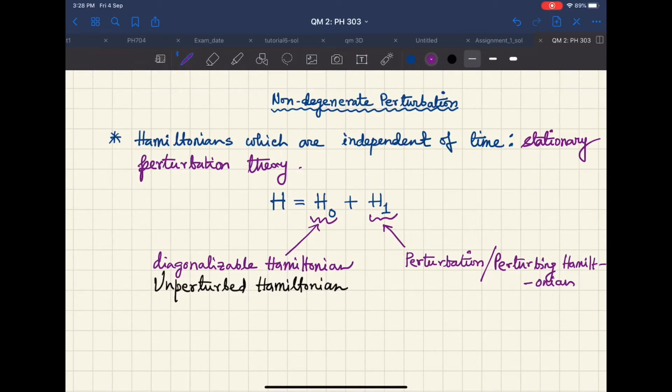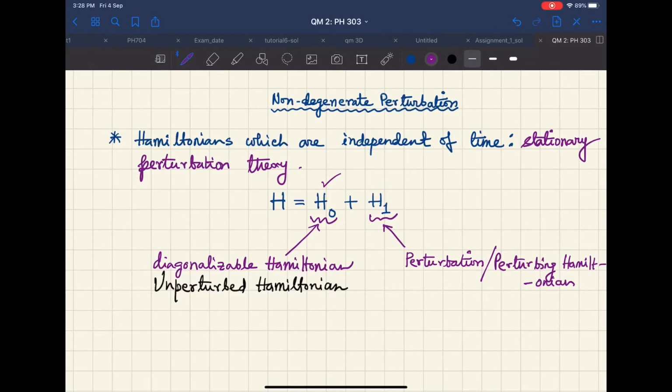Now when I say correction, what do we really mean by the word correction? Classically, if I write down the correction as H1, we could ask whether this correction is numerically always small compared to this H naught or not. Generally, H1 is always small compared to H0, and to keep track of how big this correction is, we generally introduce a parameter which is very small.